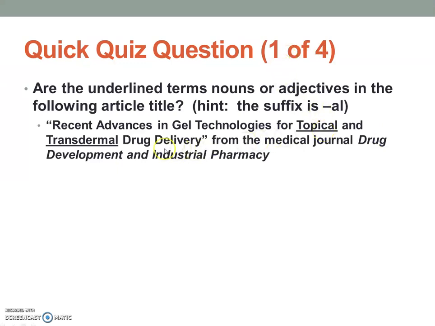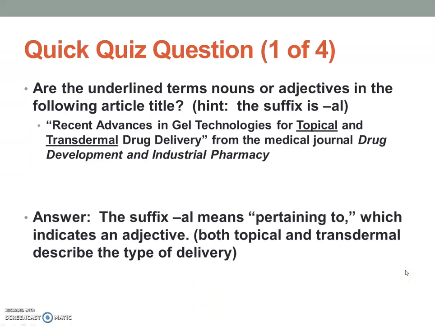Are these adjectives or nouns? The suffix al means pertaining to, which indicates an adjective. Both topical and transdermal describe the type of delivery.